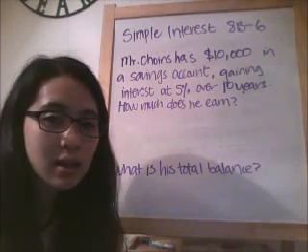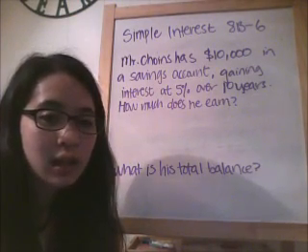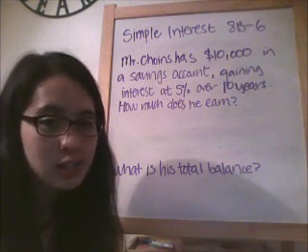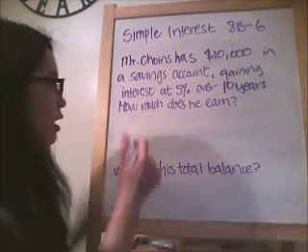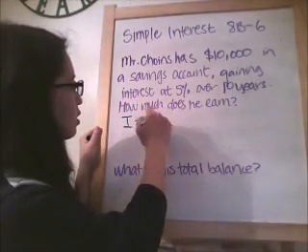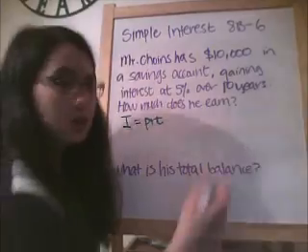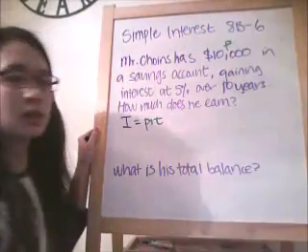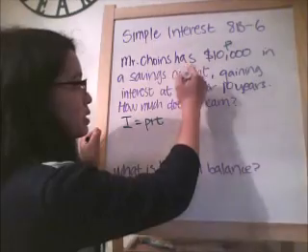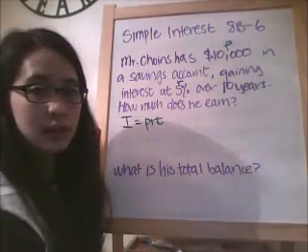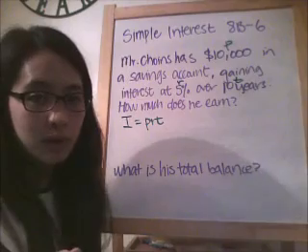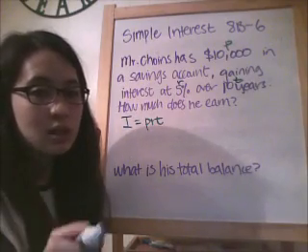Mr. Cohens has $10,000 in a savings account, gaining interest at 5% over 10 years. How much does he earn? So, same thing. I equals PRT. The principal, the starting amount, $10,000. The rate that he earns interest at is 5%. And then the time is 10 years. Remember, we have to change the rate to a decimal.